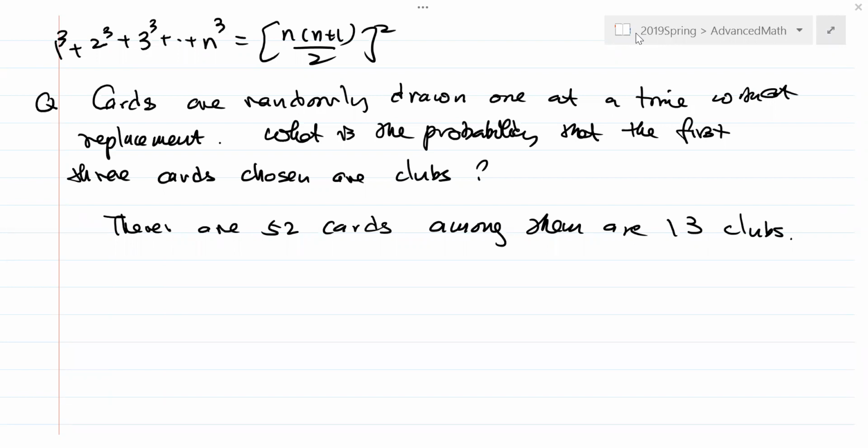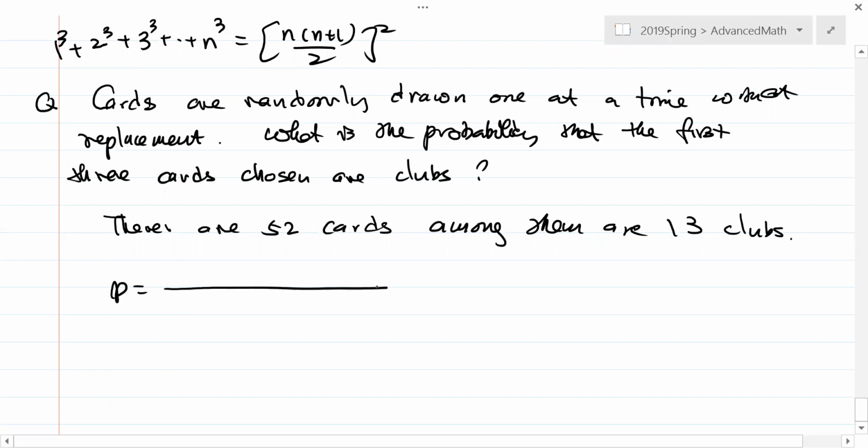All right. So first of all, what is the probability, right? Probability is going to be the number of desired outcomes in the numerator, over the number of all possible outcomes in the denominator. When you select 3 cards one by one from 52 cards, for the bottom part, first of all you have 52 choices.